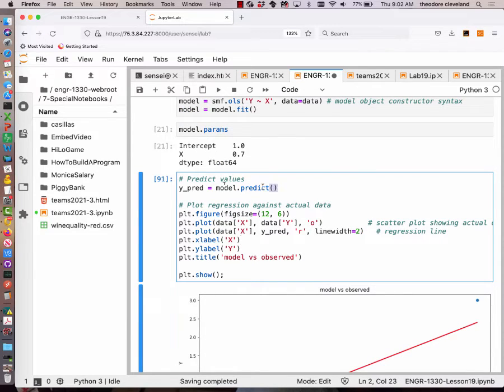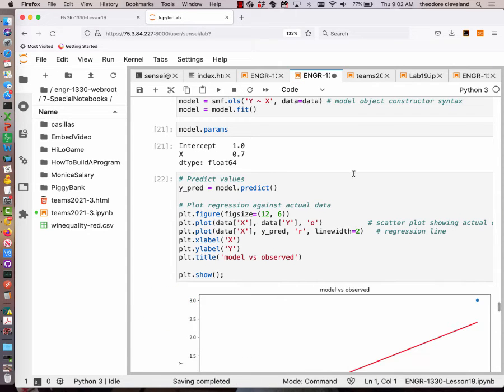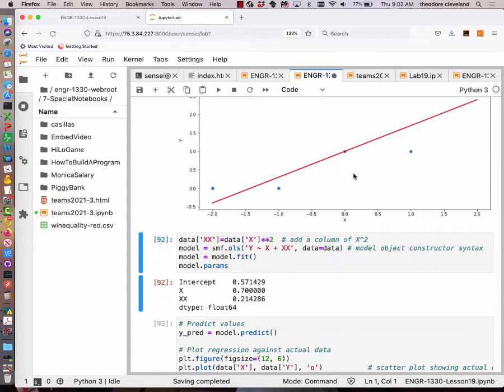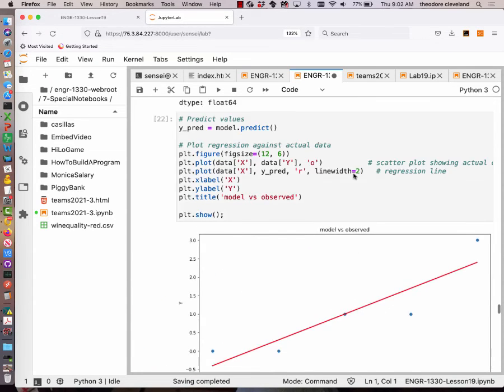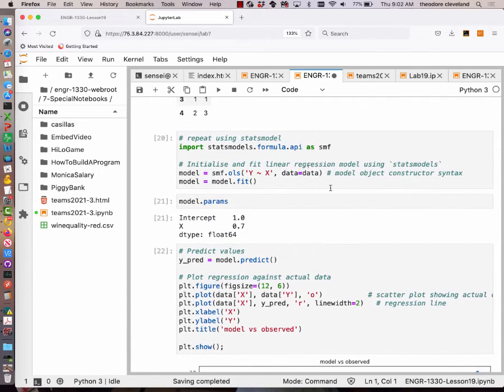We're now going to predict the values, and we're going to put it into a variable named ypred, and then we'll plot the two. And there we go. We get the same result as doing it by our own code, but considerably less.